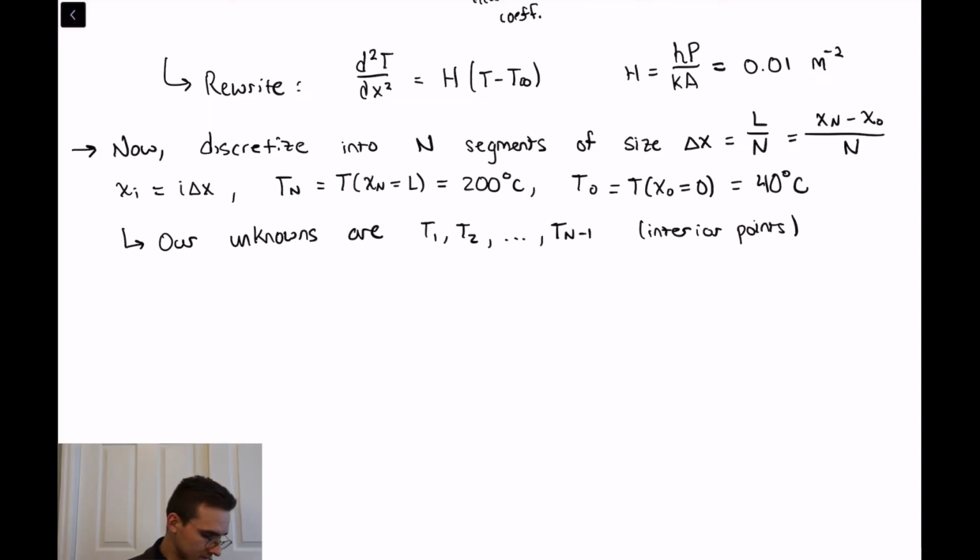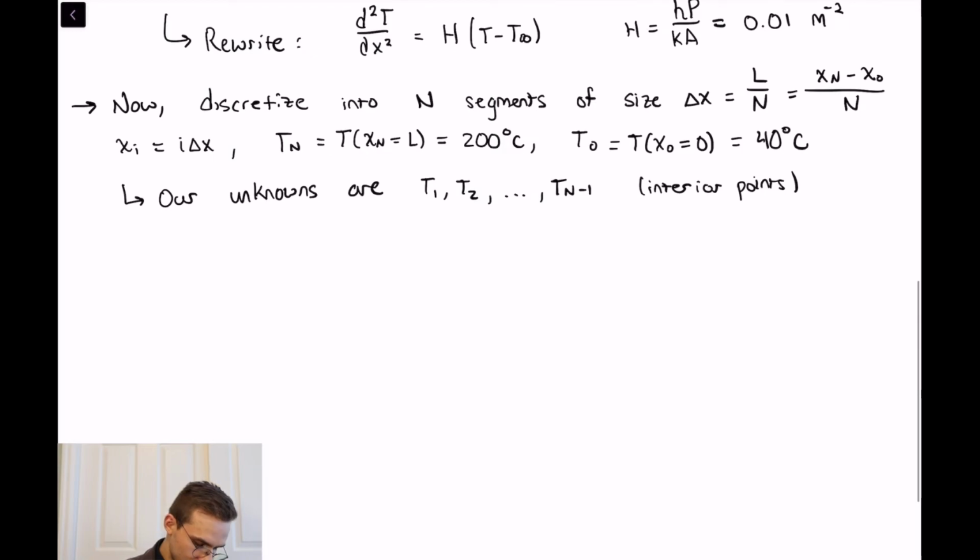So the next step is to come up with a discrete representation of our governing equation. Okay? And we want to apply it at every interior point. And what you'll end up with is a system of n-1 equations for n-1 unknowns. In this case, a linear system that will allow you to solve for all of those unknowns at once.